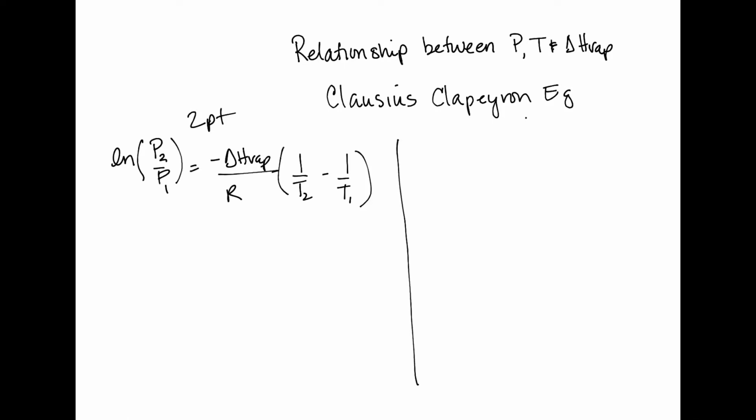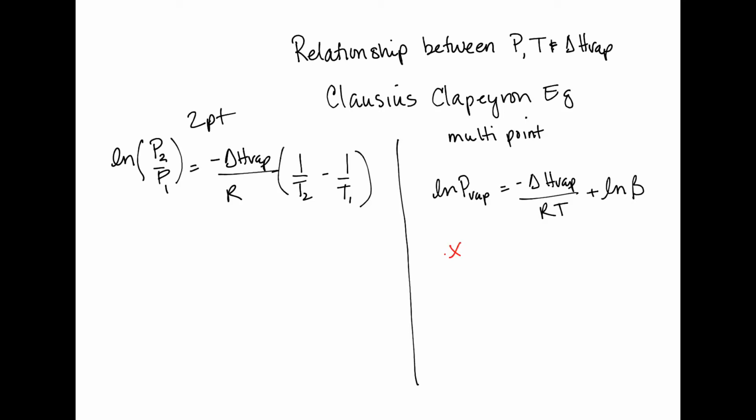So that's good when you only want to measure 2 points, but usually when you have more data, your errors average out and you get better information. And so there's actually another version of the equation that allows you to take many data points and put them together to find the delta H of vaporization. And it looks like this: the natural log of the vapor pressure, so that's the same pressure as what we had before, is equal to negative delta H of vaporization divided by RT plus a constant.